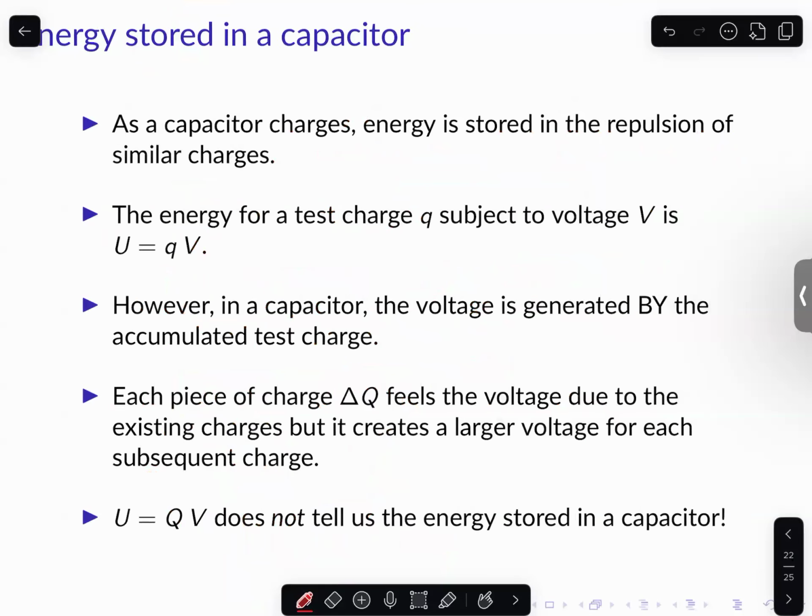But if I've got a capacitor charged up by its own Q, here's the punchline of the story I'm about to tell: you have to use half QV to find the total energy of the capacitor. Okay, here's why. And if you think through this, this actually should make some kind of sense.